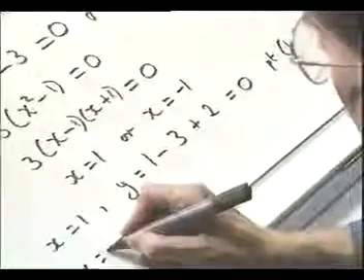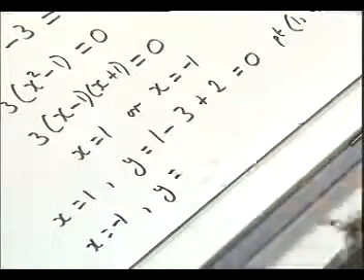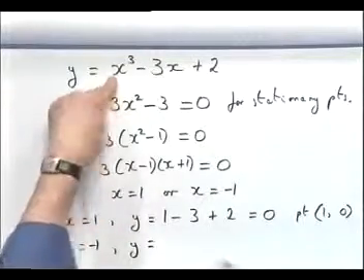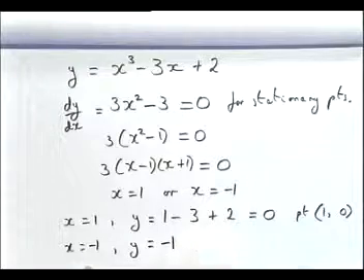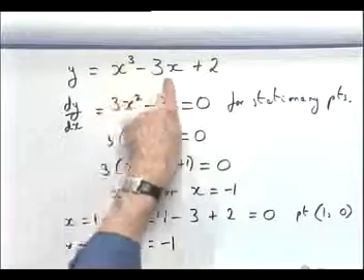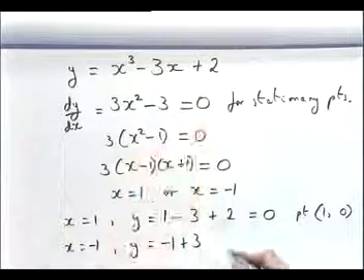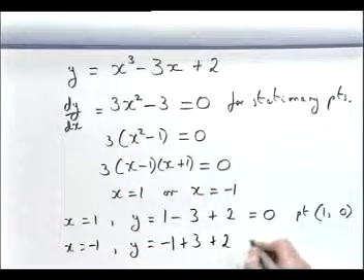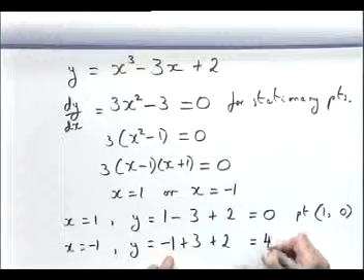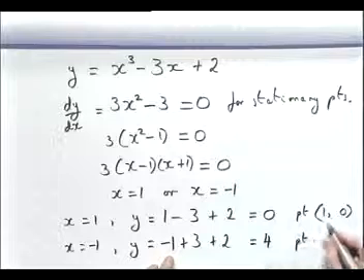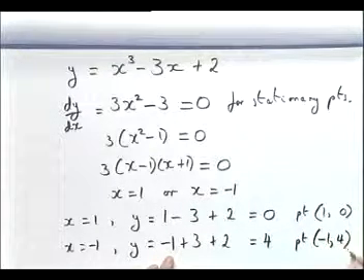If we take x equals minus 1, then y is equal to, and we put minus 1 in there, well, minus 1 cubed is just minus 1. Minus 3 times minus 1 is plus 3, and plus 2 at the end, and altogether 3 plus 2 is 5, take away 1 is 4. And so our other stationary point is (minus 1, 4).